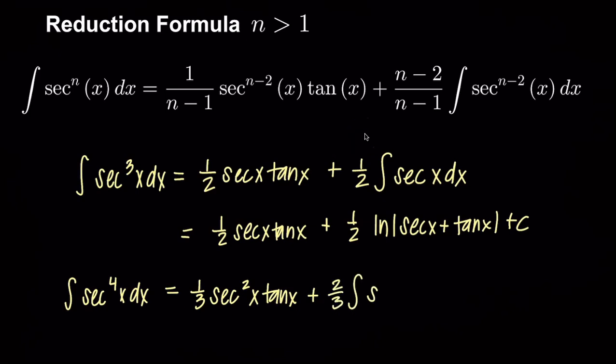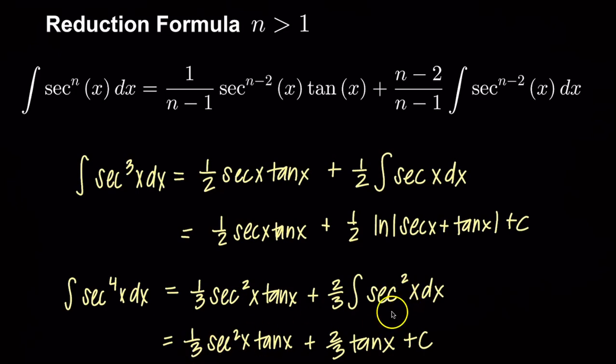The integral of secant to the 4 minus 2, that's 2, secant squared x dx. And we already know the integral of secant squared x is tangent x. So we have our final answer once we just go ahead and do that final integration piece.